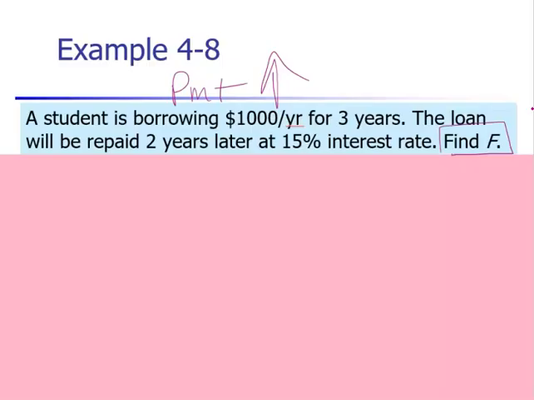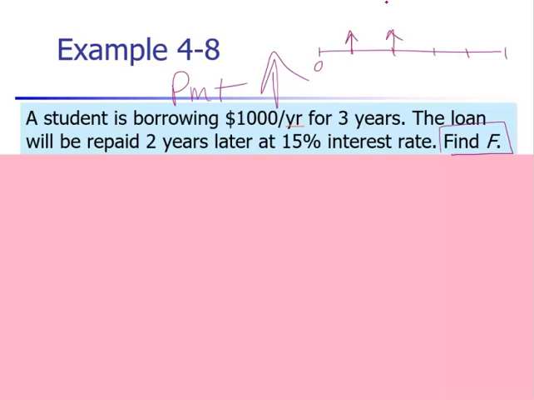As I have always told you, first start with drawing the cash flow diagram. Nothing happened at 0, so no present value, but the borrowing happened for 3 years.